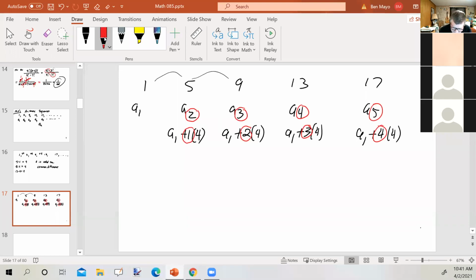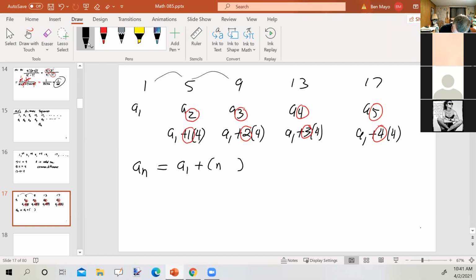What we get is this. A sub n, so a general term in this sequence, is equal to a sub 1 plus n minus 1 times d. Now, d is the common difference.